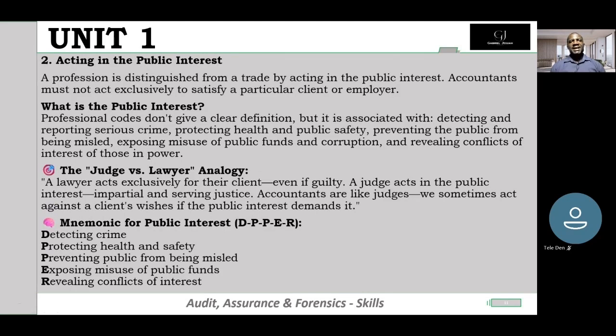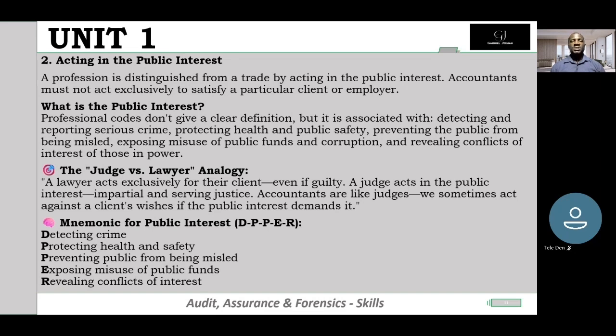All right, so what exactly is acting in the public interest? Let's be clear about this. A profession is distinguished from a trade by acting in the public interest. So accountants must not act exclusively to satisfy a particular client or employer. But what is the public interest? Professional codes don't give a clear definition.